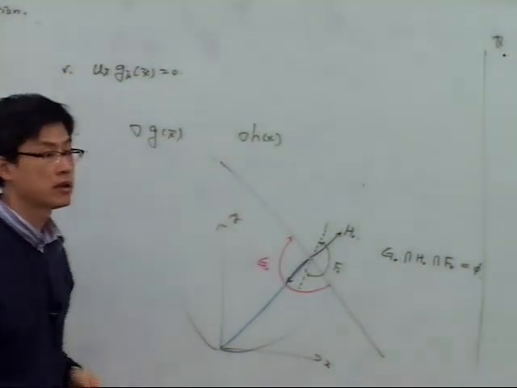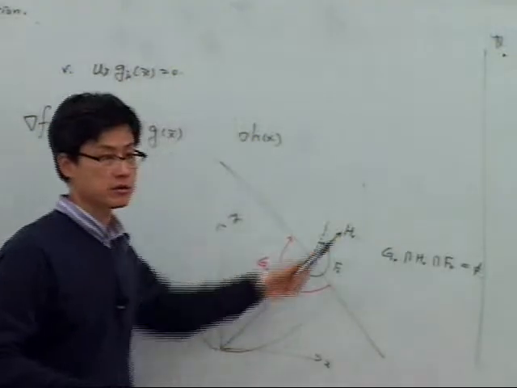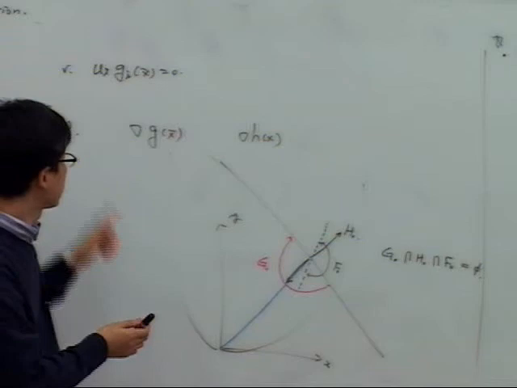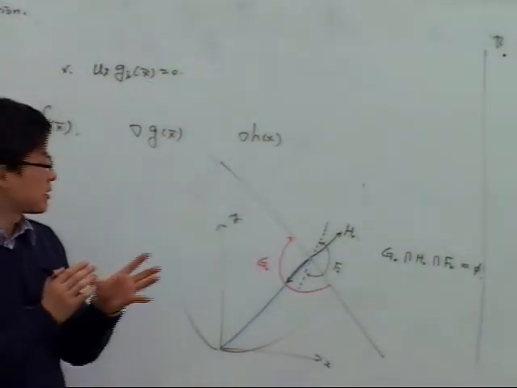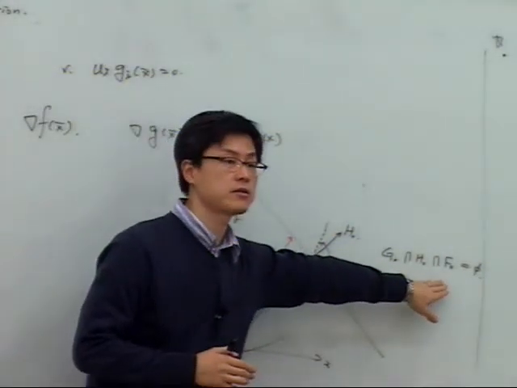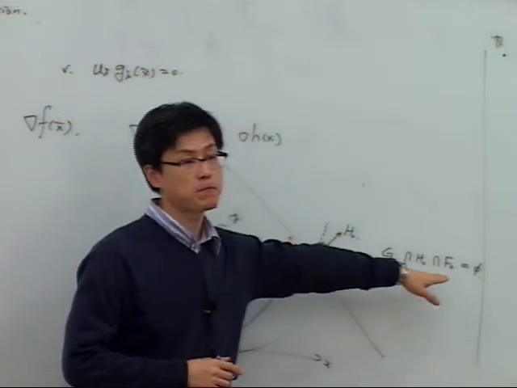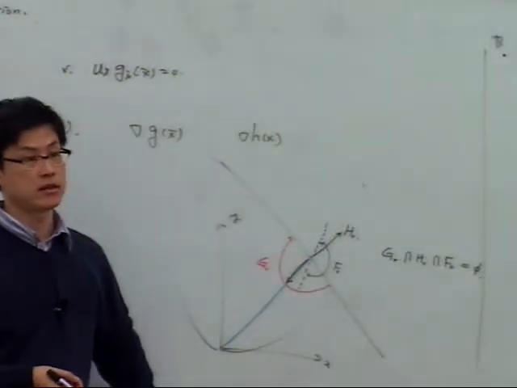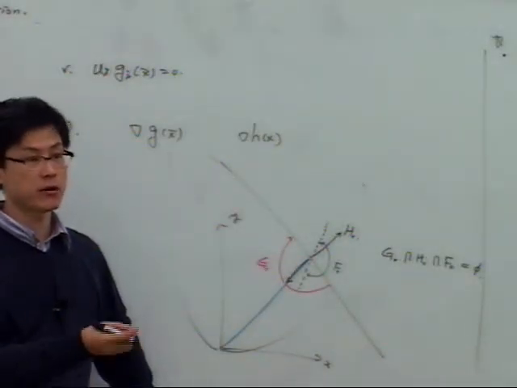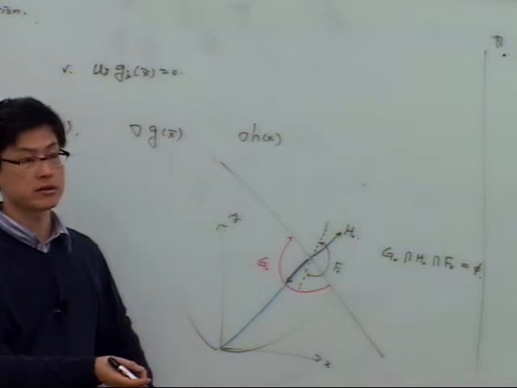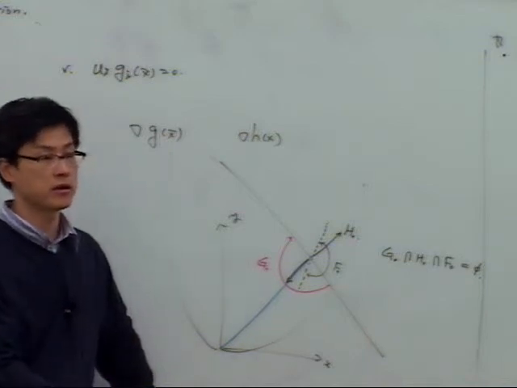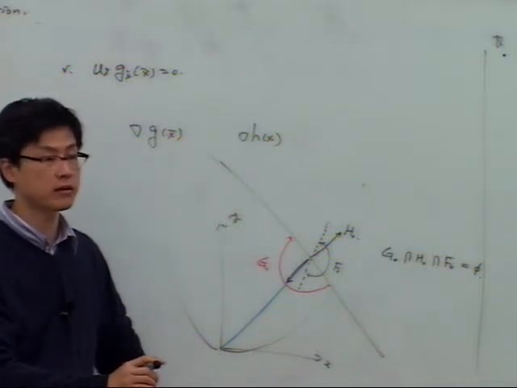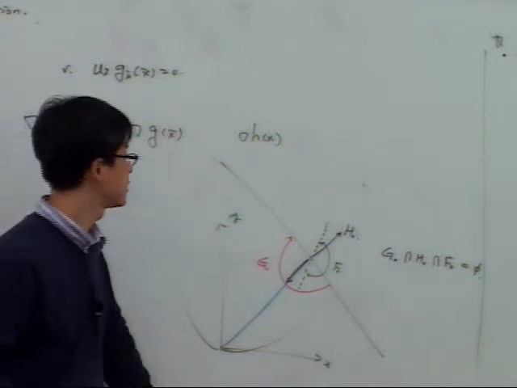And this one means you can move only in that direction because you're bounded by the equality constraint. If there is a direction which satisfies all of these, then that's the direction in which the function is decreased, so you can go in that direction. If that direction exists, then our point is not a local minimum. That's the point.